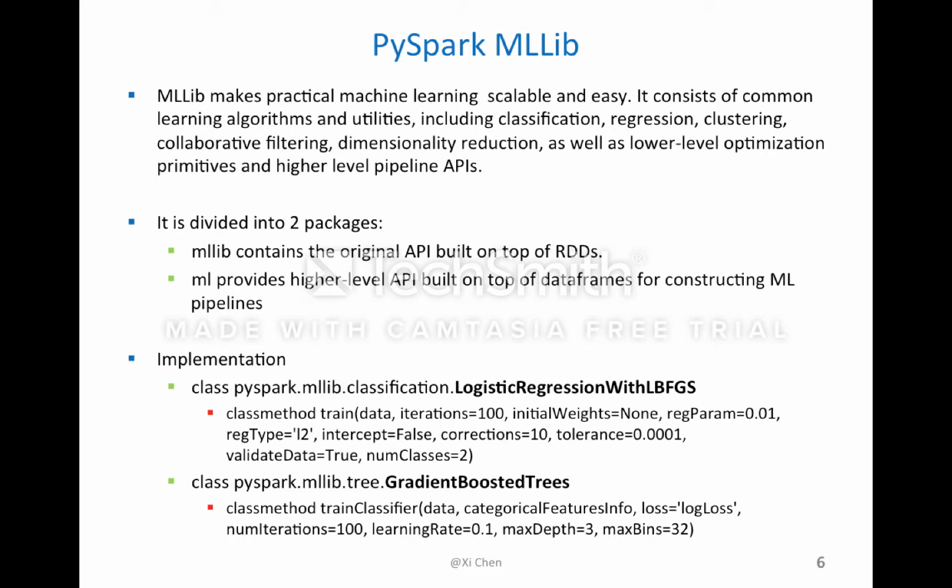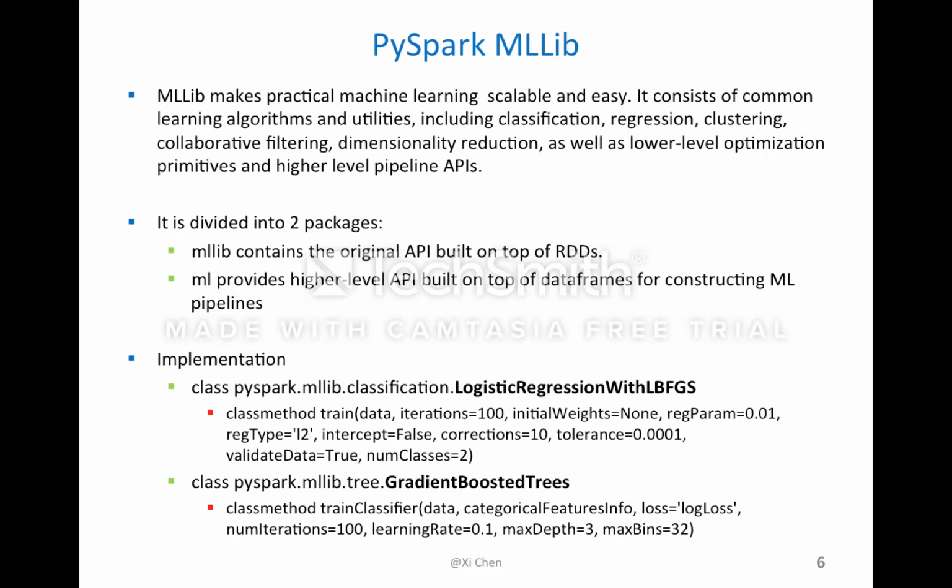MLlib is something that we have already covered in one of our earlier lectures, so we won't be talking about this too much. Generally speaking, MLlib makes practical machine learning scalable and easy. It consists of common learning algorithms and utilities including classification, regression, clustering, collaborative filtering, and dimensionality reduction, as well as lower-level optimization primitives and higher-level pipeline APIs.